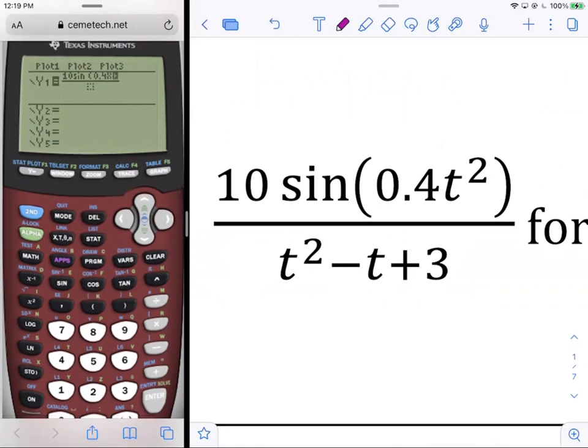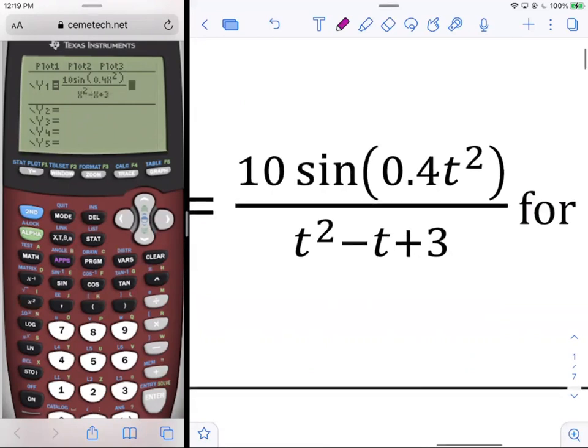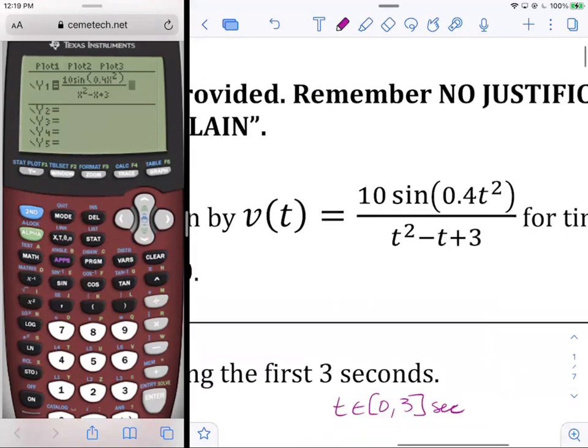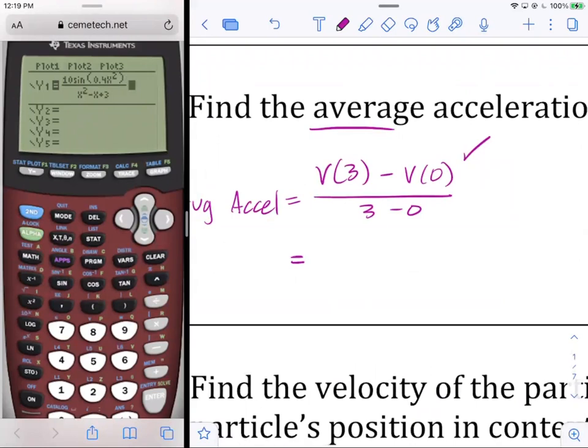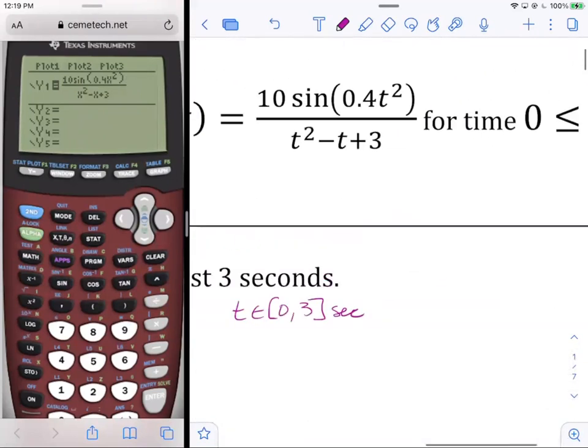It's always easier to use x squared, close parentheses, and then in the bottom, x squared minus x plus 3. So click to the right, double check, make sure it looks exactly like it is on your paper, except for the variable, right? T and x. And we don't hit graph. We don't care about the graph. We're just using it to refer to it, okay? Now, here's what else you could do, by the way.